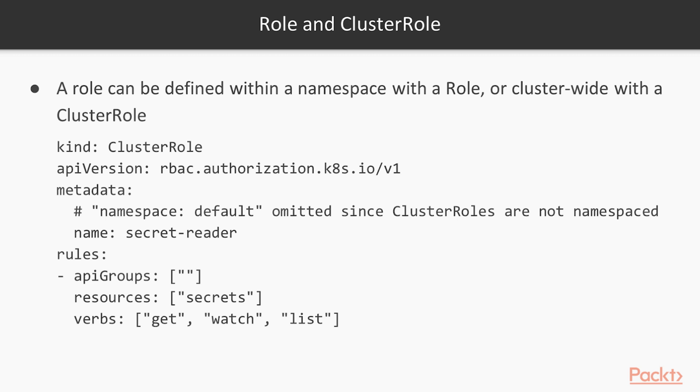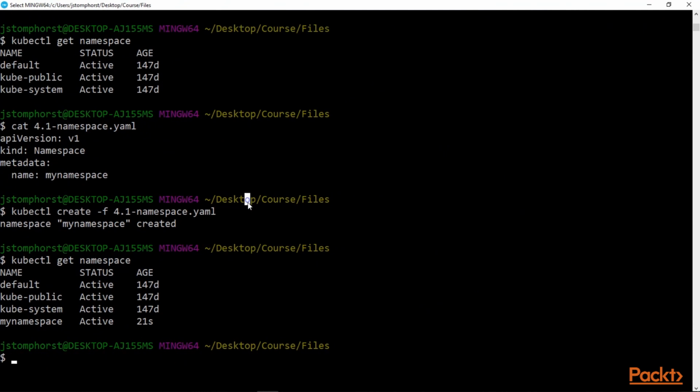So you give it rules and you give it resources, and verbs are get, watch, list. So you will get access to secrets. You can get the secrets just like kubectl get. You can watch the secrets and list the secrets. So we will go into this in the next videos, but I will show you how to create a ClusterRole.